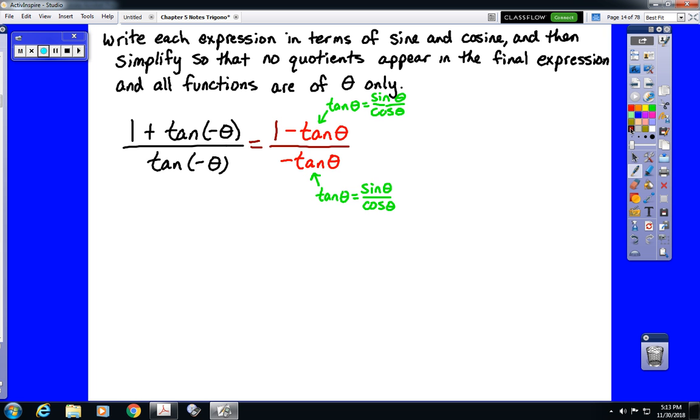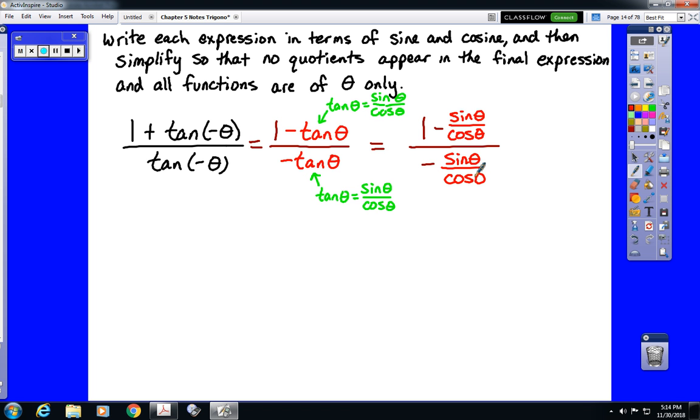So this is going to become 1 minus sine theta over cosine theta over negative sine over cosine.